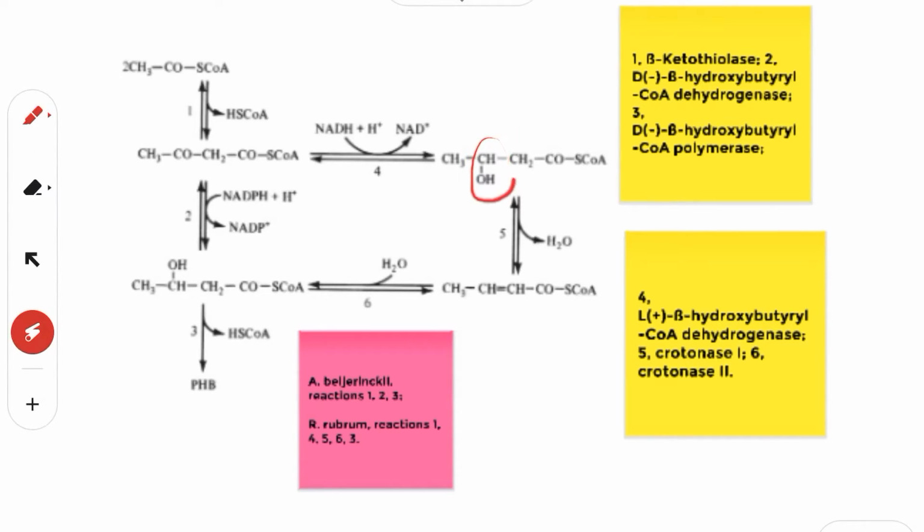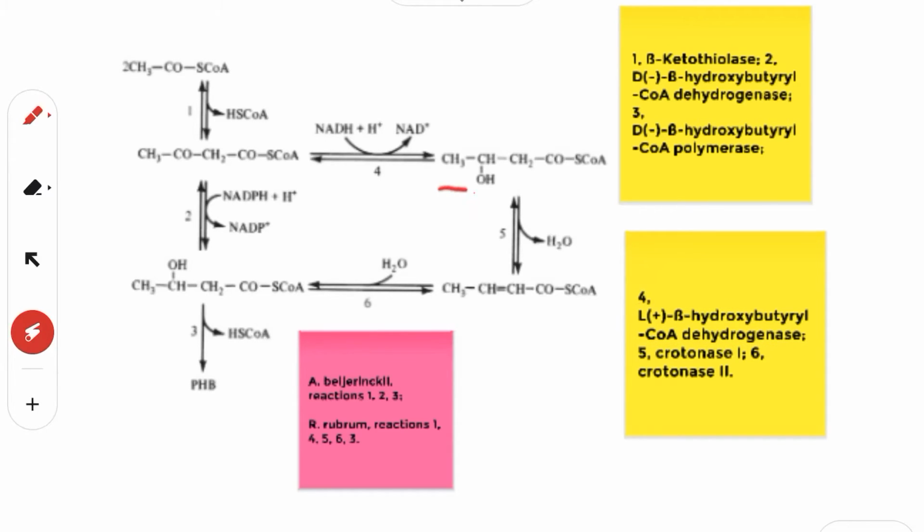So this is an L conformation of beta-hydroxybutyryl-CoA. So beta-ketobutyryl-CoA is reduced to beta-hydroxybutyryl-CoA by this organism. Here NADH acts as the reducing agent and the reaction is catalyzed by the enzyme L-beta-hydroxybutyryl-CoA dehydrogenase.